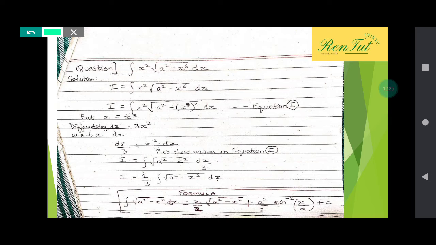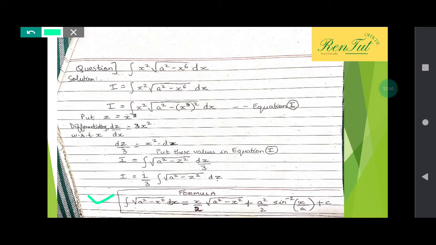According to this formula, you can see a square minus z square is exactly matching. So now it is in the form, and we can use this formula.